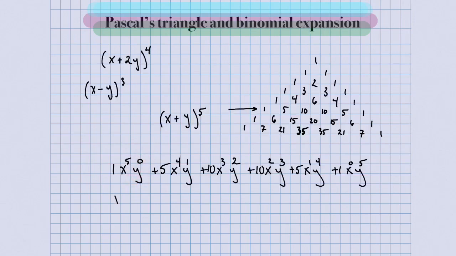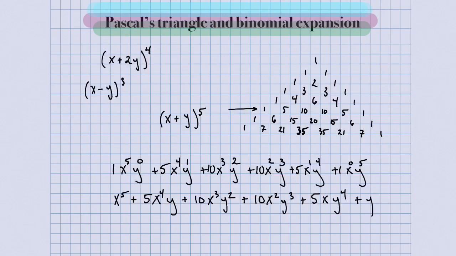So our final answer is x to the fifth plus 5x to the fourth y plus 10x cubed y squared plus 10x squared y cubed plus 5x y to the fourth plus y to the fifth. And there's our answer for this first one being expanded.